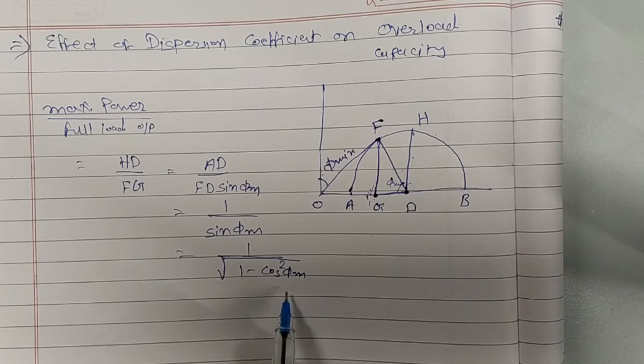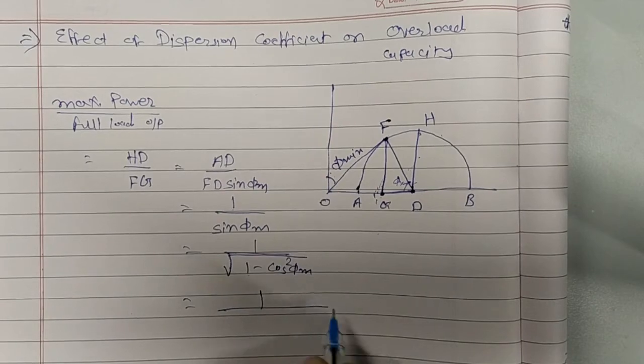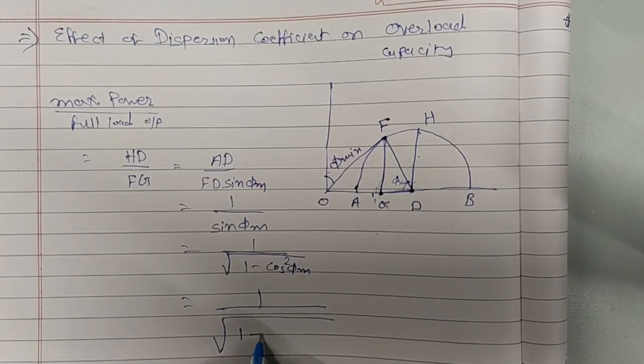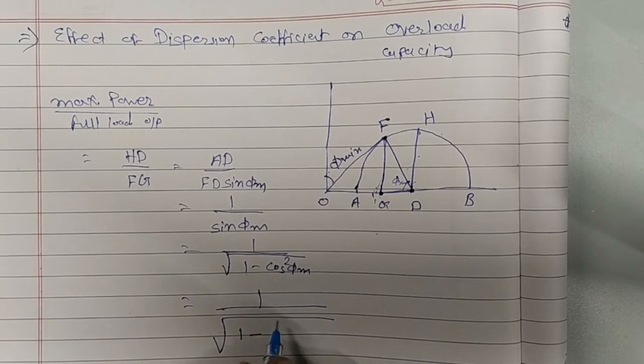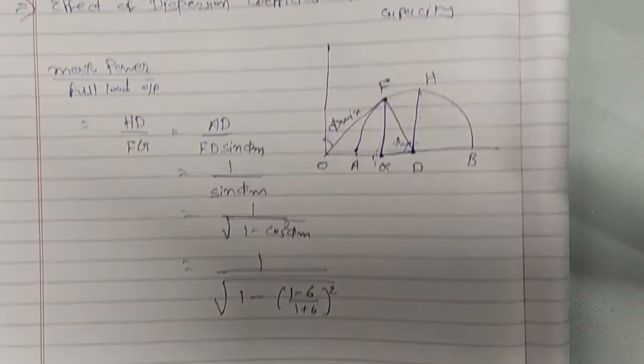It is 1 minus sigma divided by 1 plus sigma. So this equation becomes under root 1 minus, instead of cos phi, I will write (1 minus sigma upon 1 plus sigma) whole square.